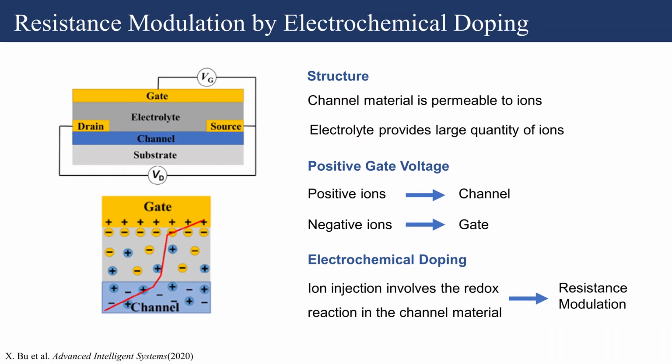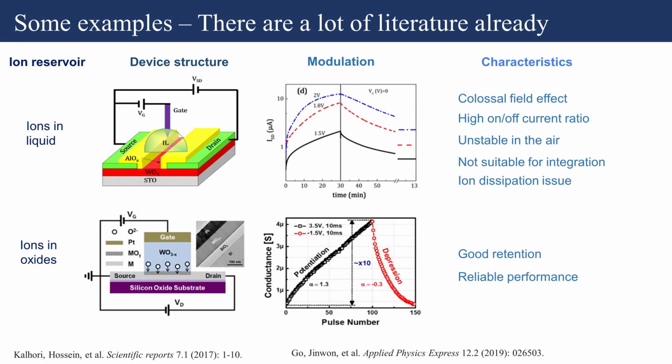Some people also use solid oxide, or lithium ion solids, or ion gels. Then the ions, which could be proton, oxygen, or even lithium, can be pushed, injected into the channel or taken out of the channel.